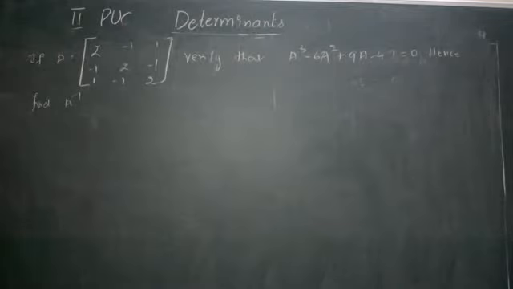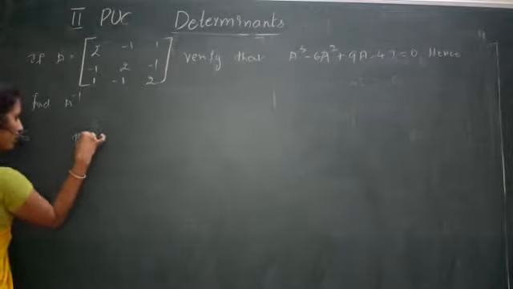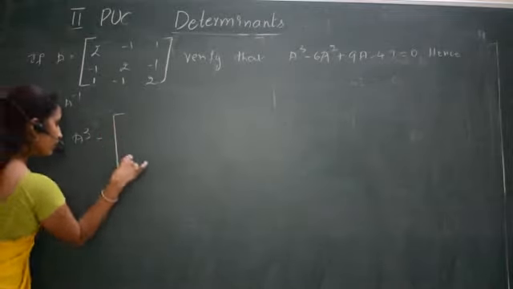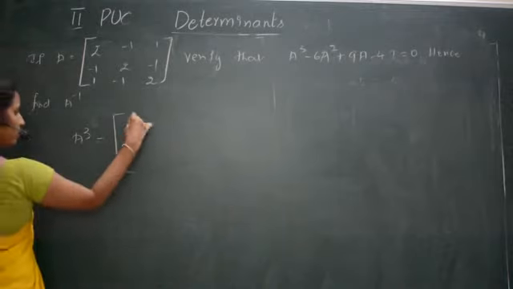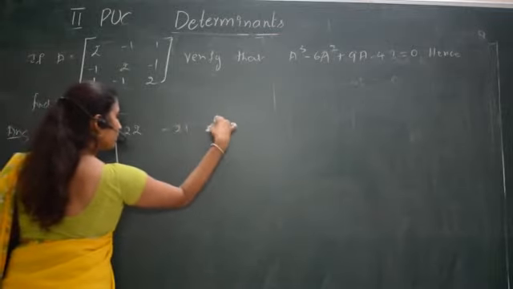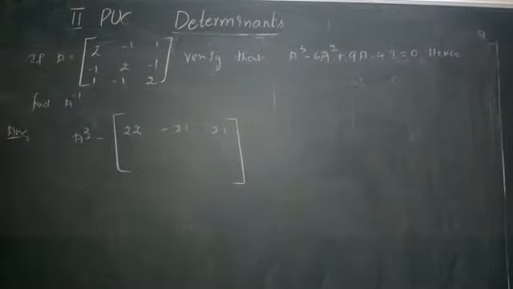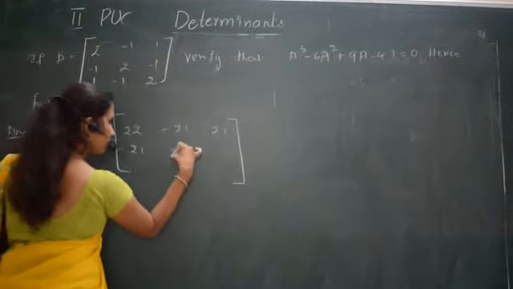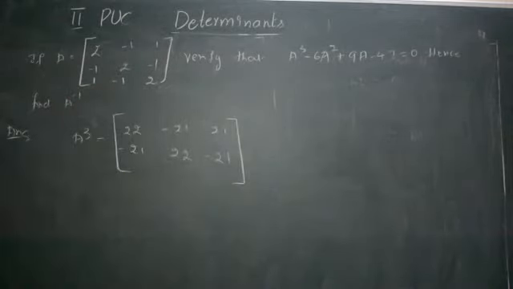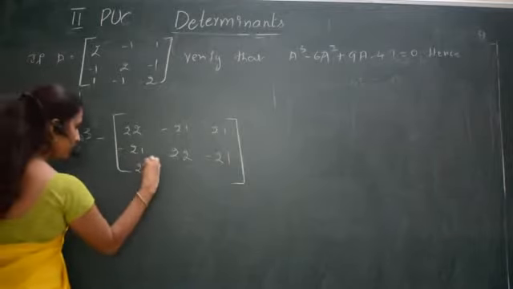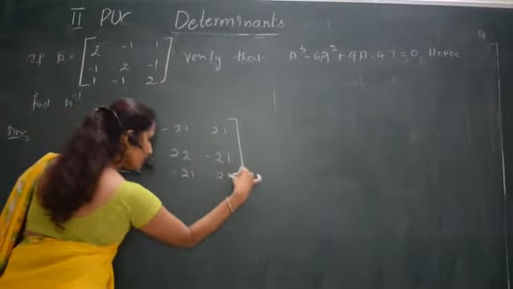So A cube is 22 minus 21, 21; 22 minus 21, 21; then minus 21, 22 minus 21, minus 21, 22; 21 minus 21, 22.